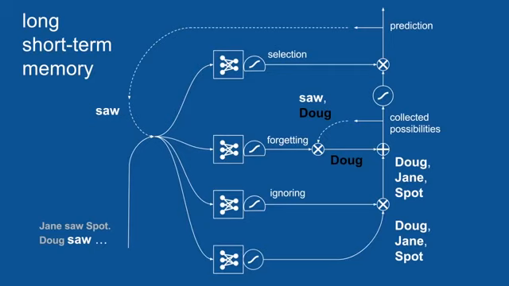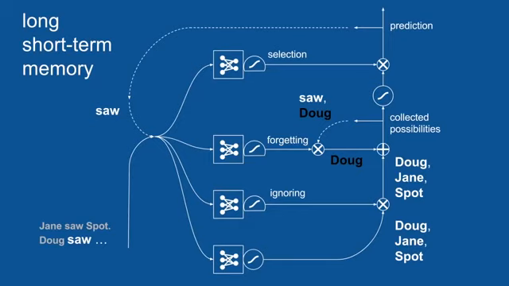Now, the other thing that happened is our previous set of possibilities, the word saw and not Doug, that we were maintaining internally, get passed to a forgetting gate. Now, the forgetting gate says, hey, my last word that occurred was the word saw.